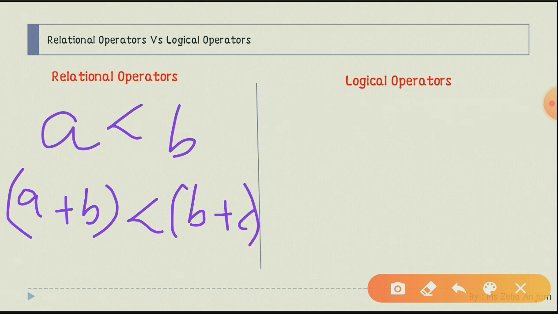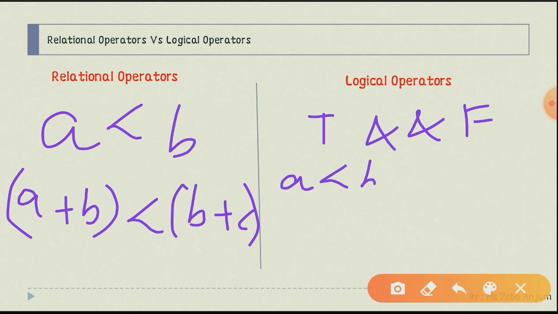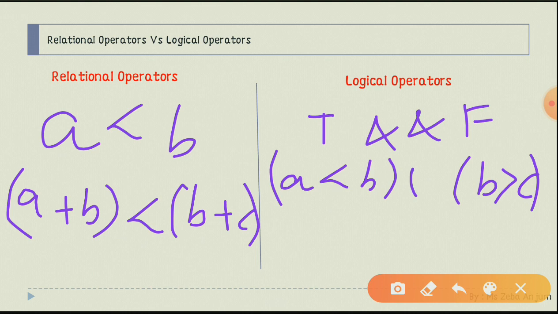But when we talk about the logical operator, then either you should have true and false, or you might have a less than b, one kind of relational operator we are using, and over here we are using b greater than c, and between those we can apply our logical operator, or you can say logical and.